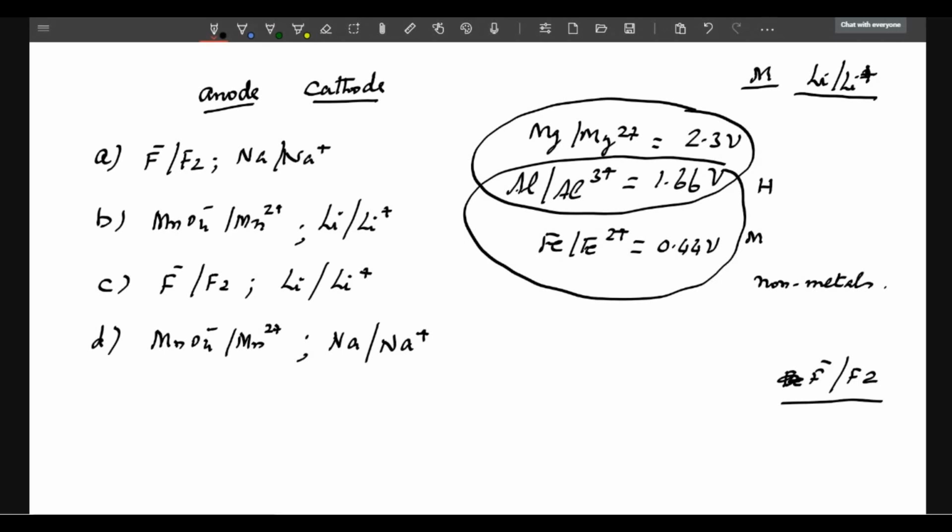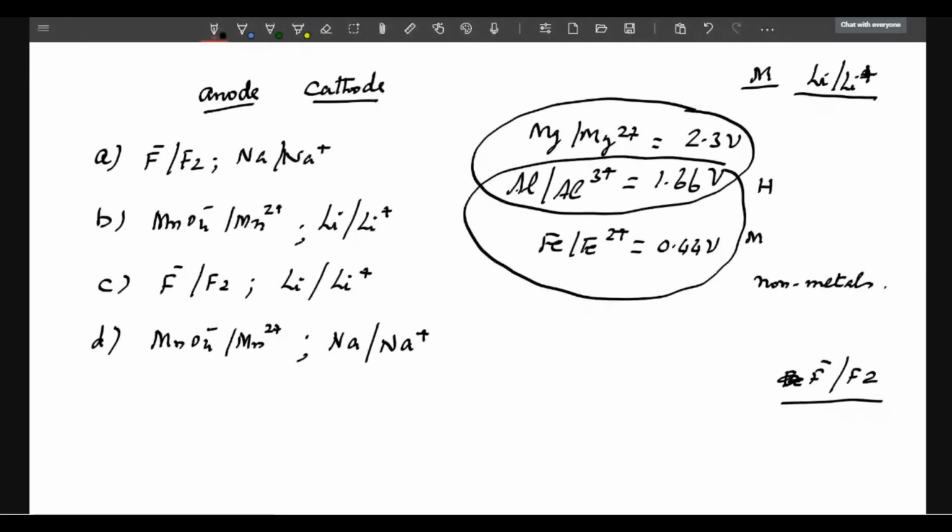Fluoride would always act as the cathode, and lithium would always act as the anode. All intermediate electrodes change their nature; they may act as anode or cathode depending upon the other electrodes present. It is a simple question. Okay. And on anode and cathode, there is one more thing I want to tell, other than this.